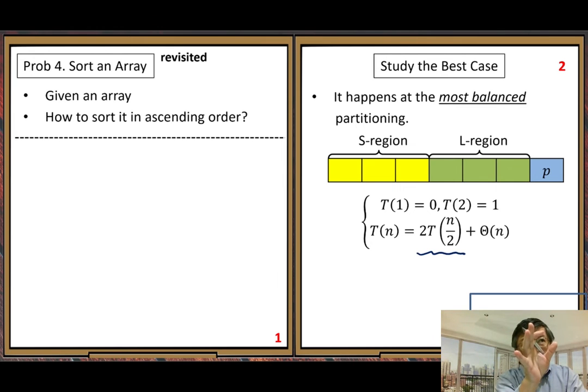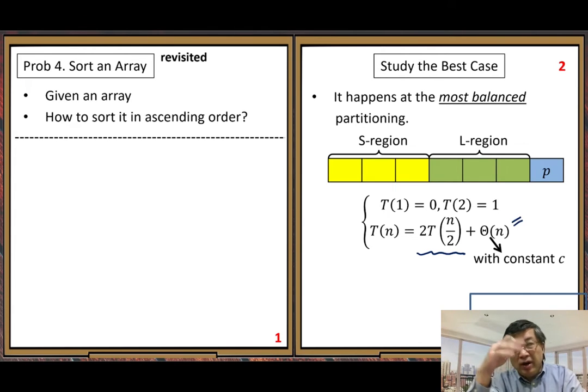the comparisons for this partition, when we scan all the elements in this array, here we use big theta of n, and actually we can make it more direct.